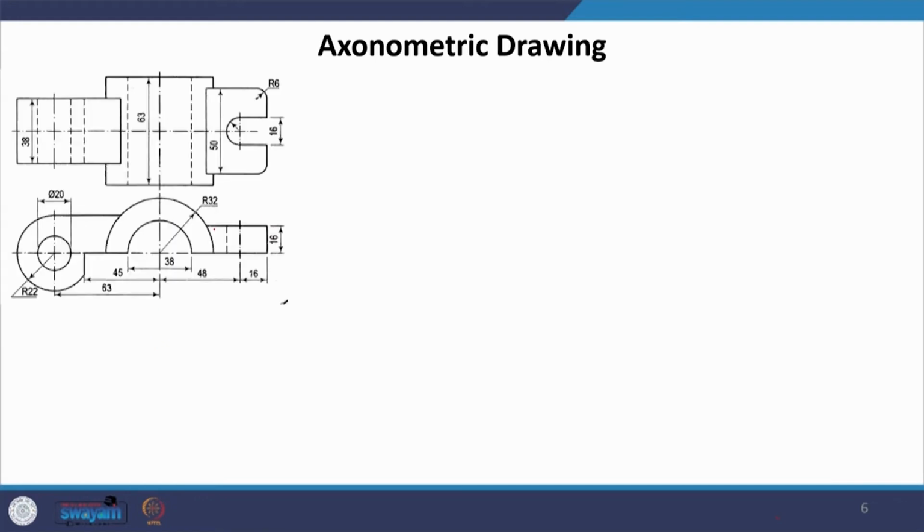I will try to draw this one in axonometric. This top one is the plan and this one is the front elevation, to show you how a combination would appear. So, I will first start by drawing the plan. So, let us draw this.